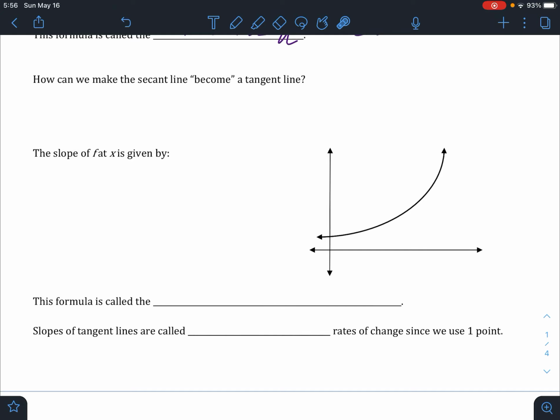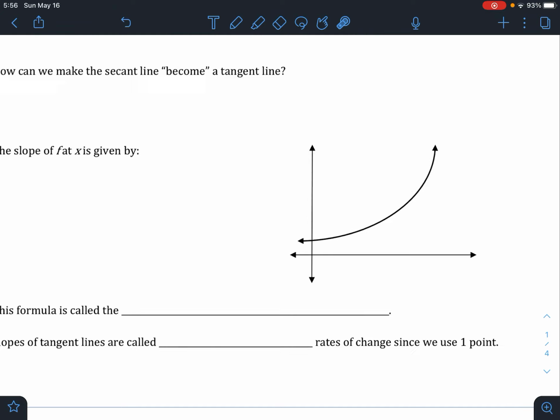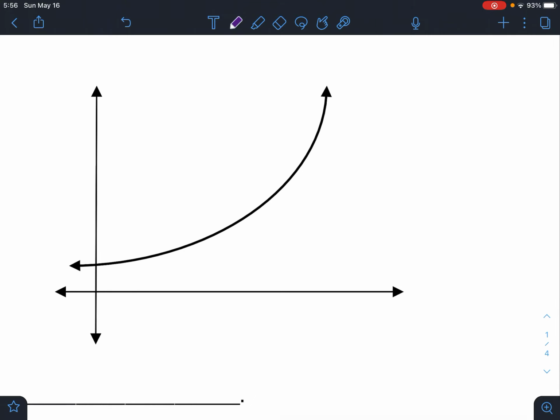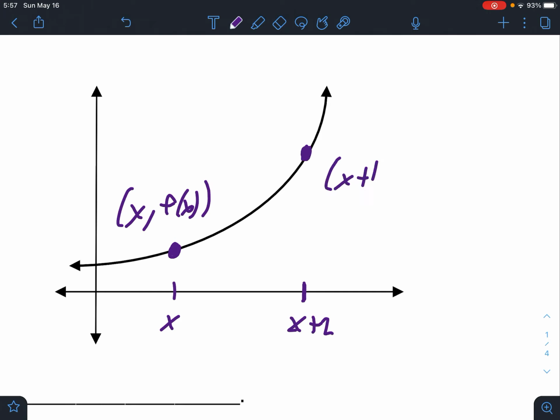Okay, so what we can do here is we can draw 2 points on this graph. Let's take a look here. Let's let this point right here be x, and that point would be x comma f of x. And this point right here would be x plus h. So that point right there would be x plus h comma f of x plus h.